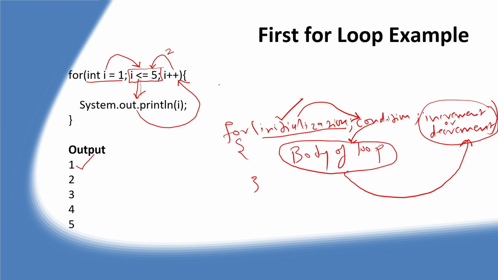That is, it will print I, and value of I is 2. Then after execution of body, it will again go to increment and the value of I will become 3. After increment, now it will go for a condition check.